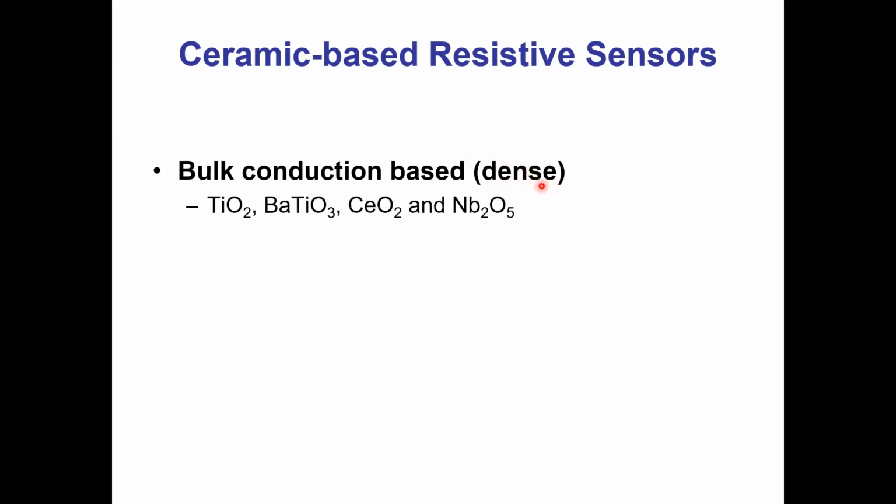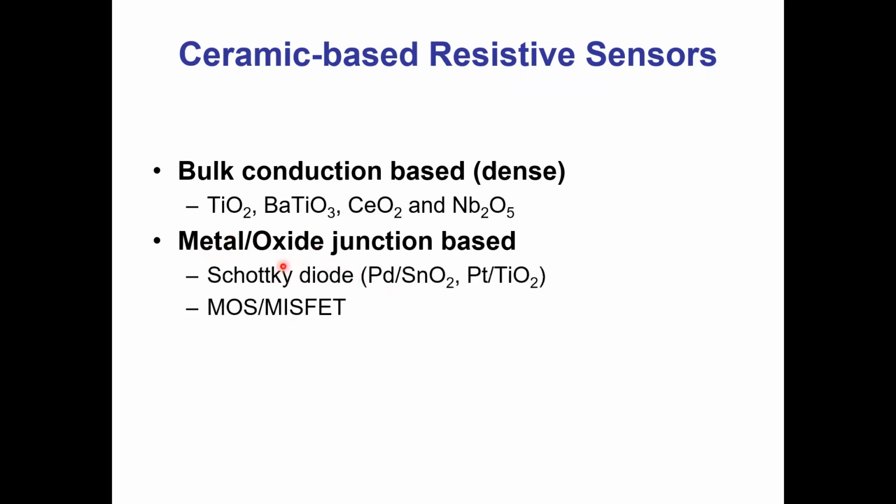Ceramic-based resistive sensors can be categorized into 3 groups. One is the so-called bulk conduction based, which are supposed to be dense material of your ceramic. So you can make sensors out of many of these oxides. Then one can make so-called metal oxide junction based. The sensor will be basically where there is a contact interface between metal and oxide.